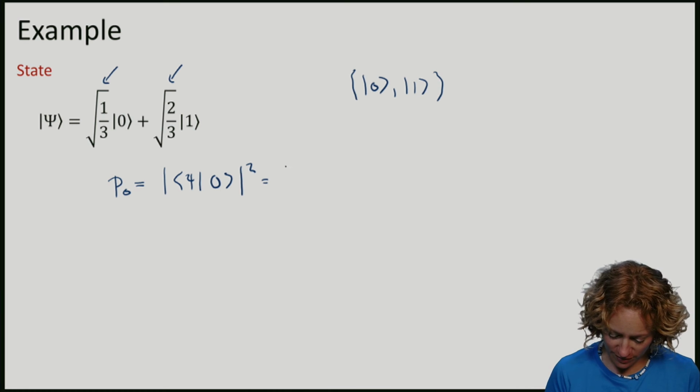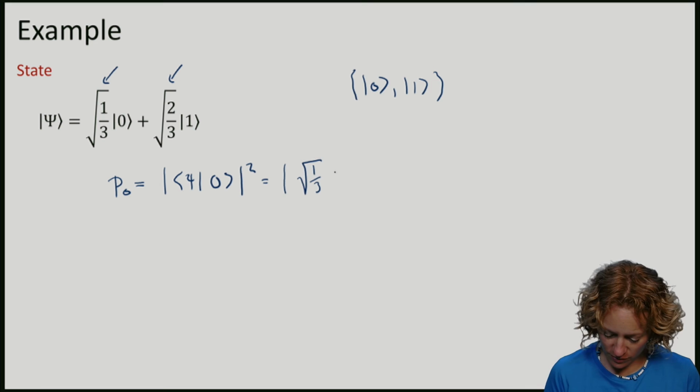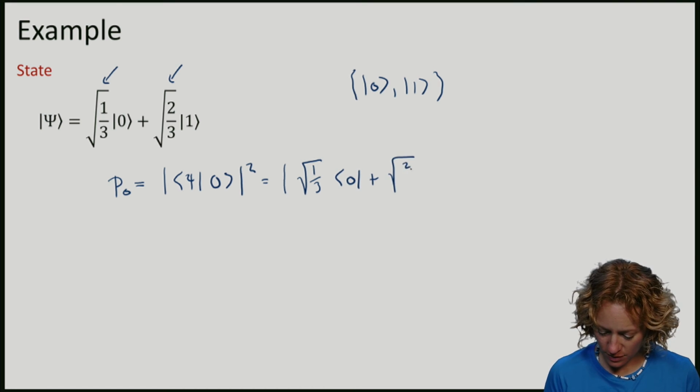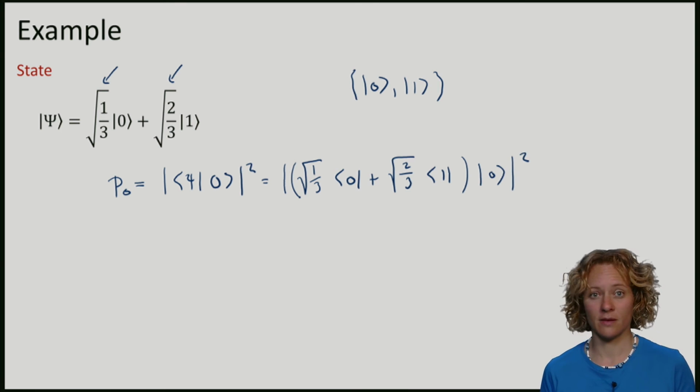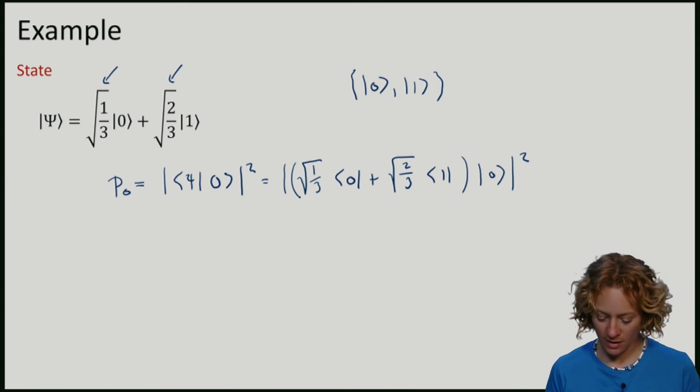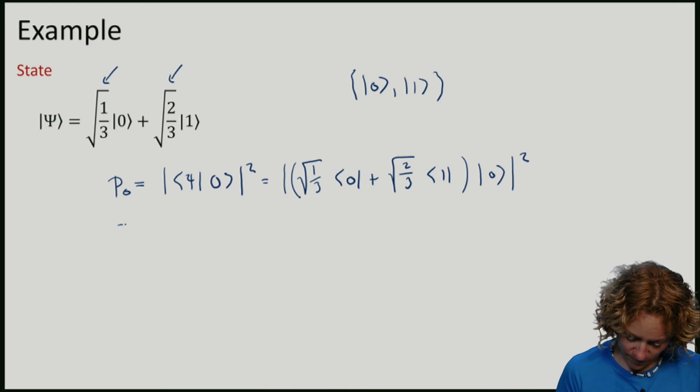And I apply the rule of computing psi with the basis element. So in our example, we can compute this quite simply. It's 1 over square root 3 with 0, plus square root 2 over 3 times 1, with the 0 state. So let me do this.